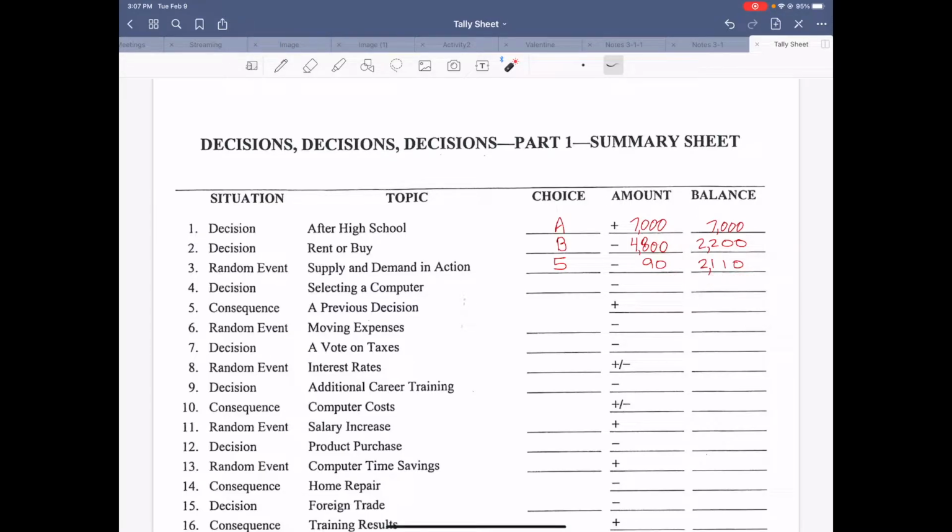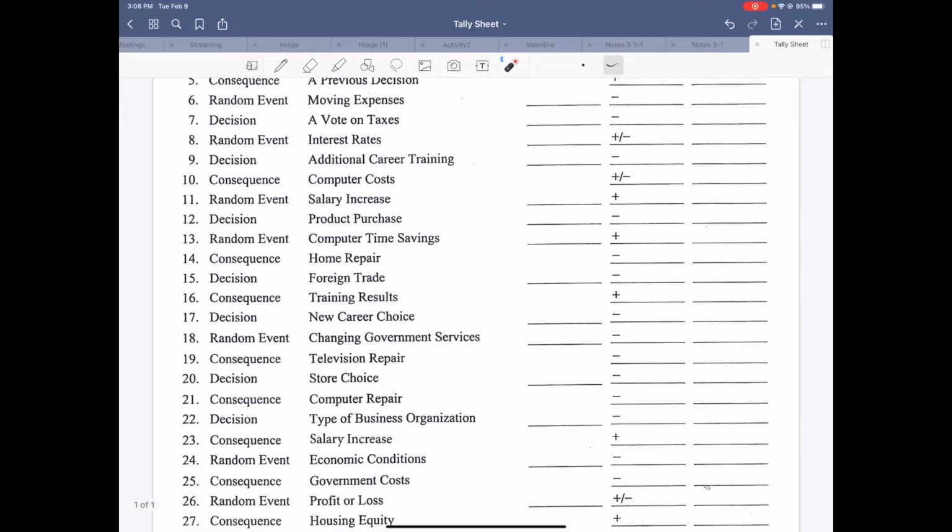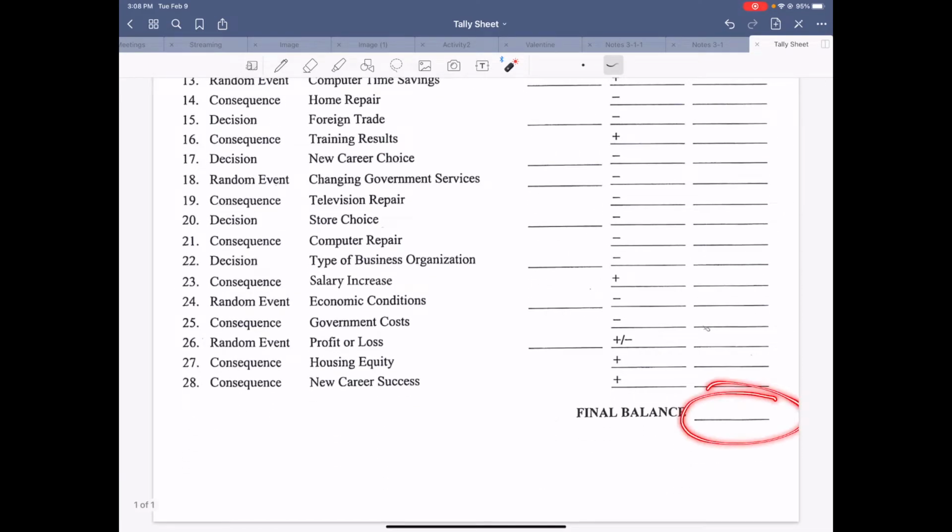You will notice some of them don't have the underline, so you don't have to worry about that, but make sure you're filling these all in. And don't be afraid, you're probably going to go negative numbers, positive, back and forth, and we'll see what ends up for your final balance. All right.